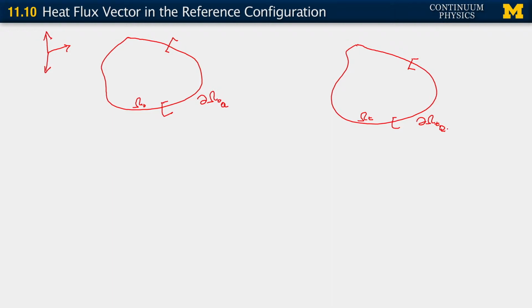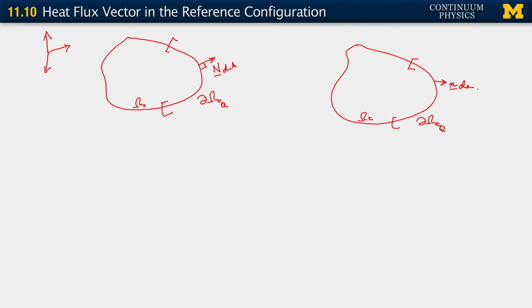Fine. So what we want to say is the following. Suppose this is our area vector here, capital N dA, and that vector gets transformed into little n da, okay, area vectors.